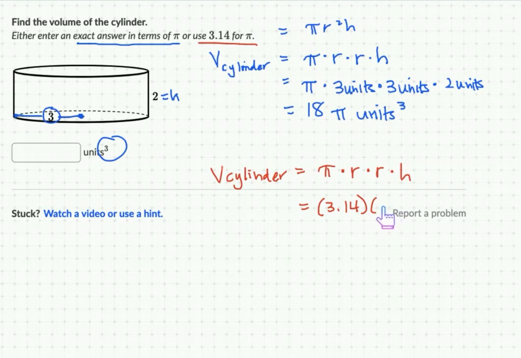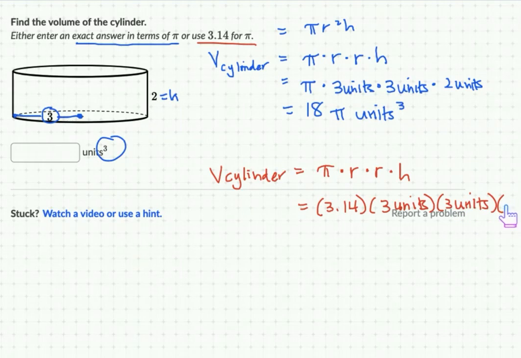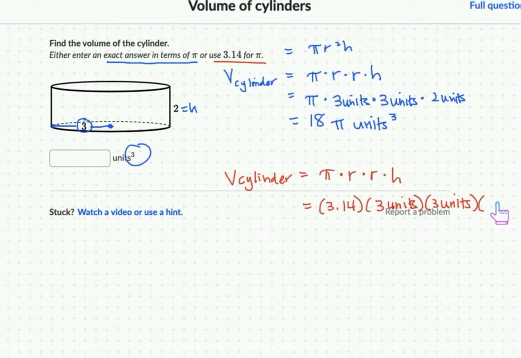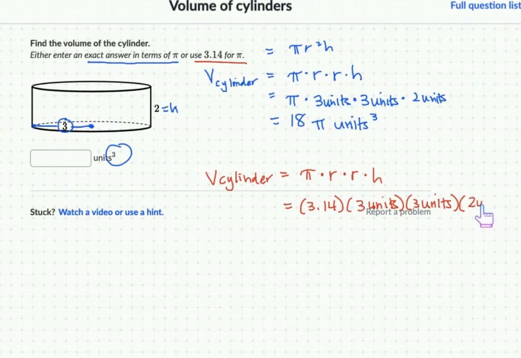It's the same thing, just a different way of writing it. Times 3 units times 3 units times the 2 units for the height. So the height and the radius all remain the same. The only thing that's changed was we wrote pi a little differently.